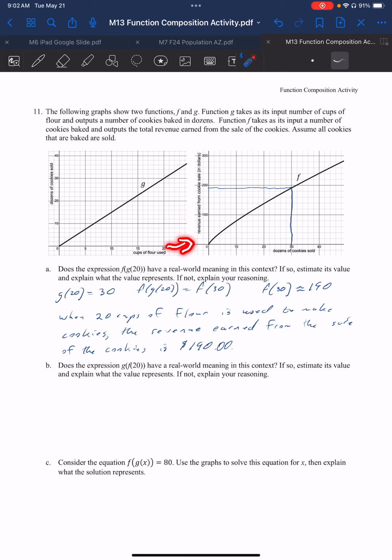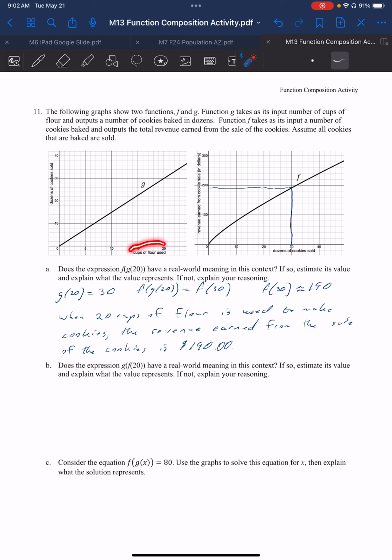It doesn't go out that far in the horizontal direction. But we could extend the graph, but does it have any meaning? If we take f at 20, what is that output representing? 20 is the dozen cookies that I've made and sold, and that gives me an output of $140.